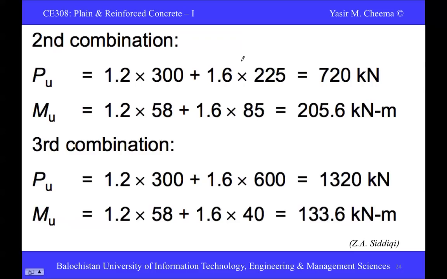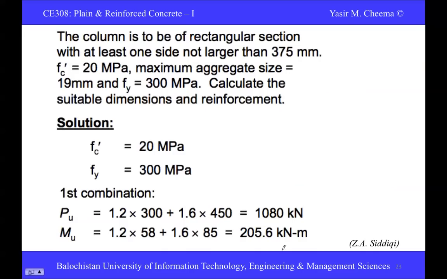Here one thing is worthy to note: which combination is contributing the maximum load. You can see here the maximum is 1320 for the third combination, the load contributed by the second combination is 720 kilonewton, and the load contributed by the first combination is 1080.